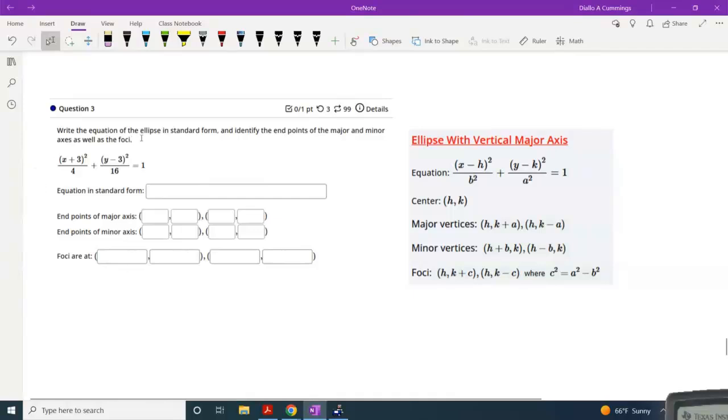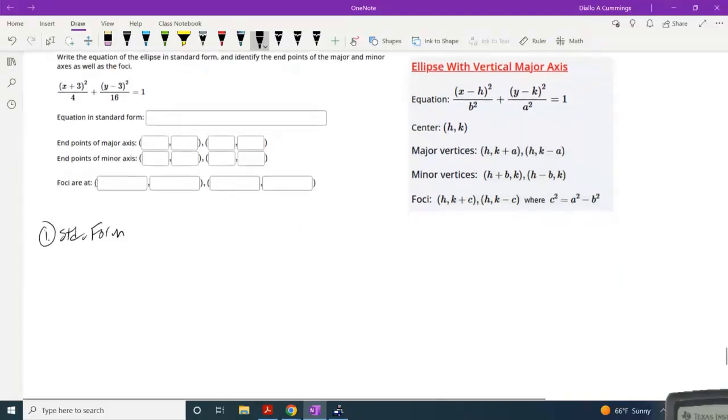All right, it says write the equation of the ellipse in standard form and identify the vertices, the endpoints of the minor axis, and the foci. So first off, writing this in standard form, I'm basically just going to square root the denominator.